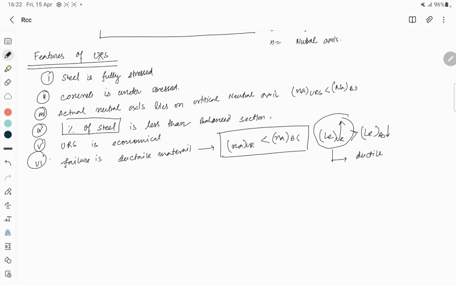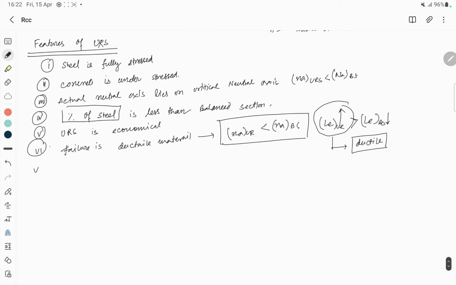This I mentioned in my previous video regarding lever arm. You can watch it. So that is why the material is ductile. And the moment of resistance is less than the balanced section.